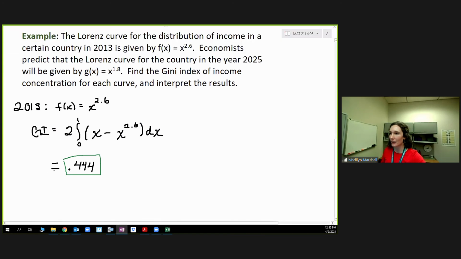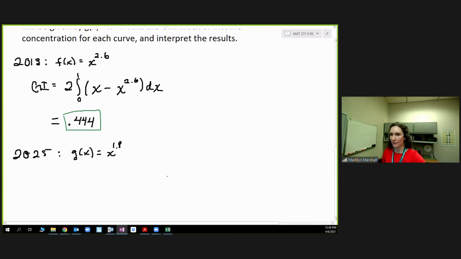And so then we also have this predicted curve for 2025, in which case we have g of x equals x to the 1.8. So same thing.